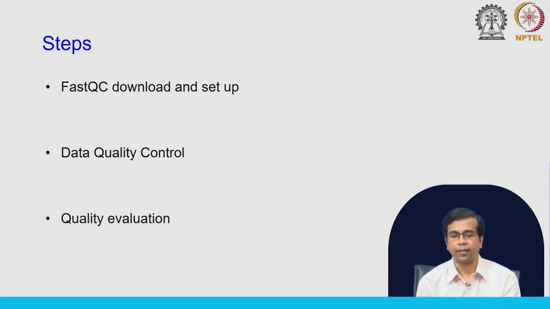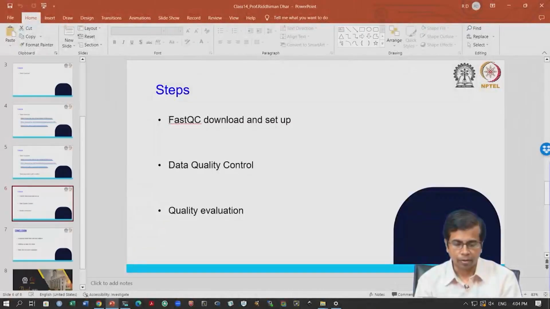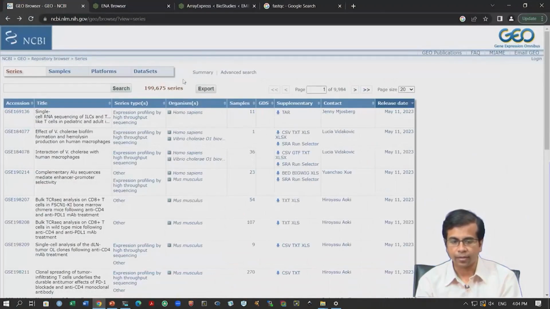Let us look at some of the links where you can find these data sets, so that you can download, or if you have your own data, you can test all these commands with that data set. Okay. So, let us go to the links. Okay. So, here these are the links that I actually shared with you. Okay.